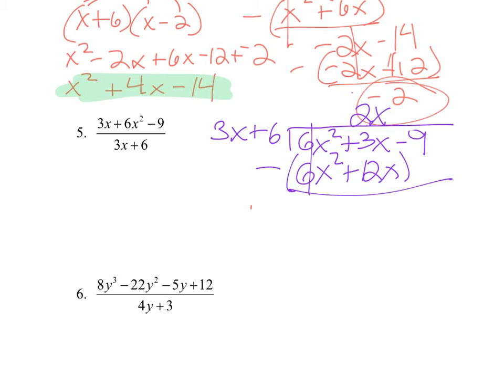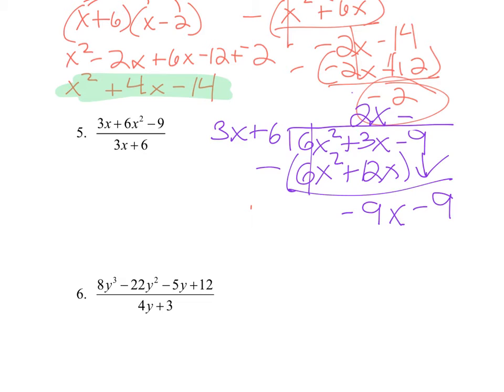The two 6x squareds go away. I have 3x minus 12x, which is minus 9x. I bring down my negative 9. Okay. Now I need a minus 9, no, I don't need a minus 9. I apologize.